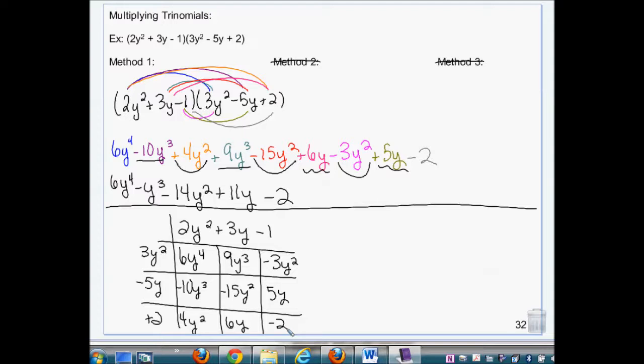Your like terms are still on diagonals. So 6y to the 4th, negative 10 plus 9, so minus y to the 3rd, 4 minus 15 minus 3, 6 plus 5, and then minus 2.